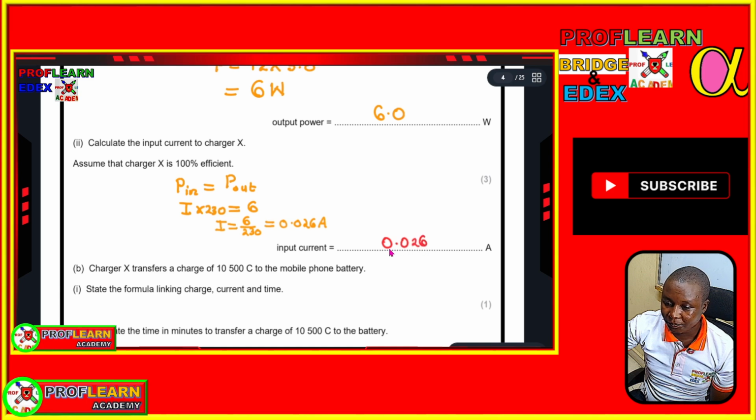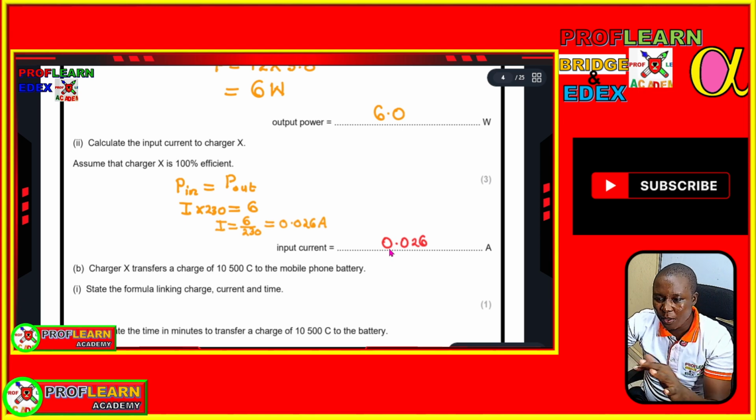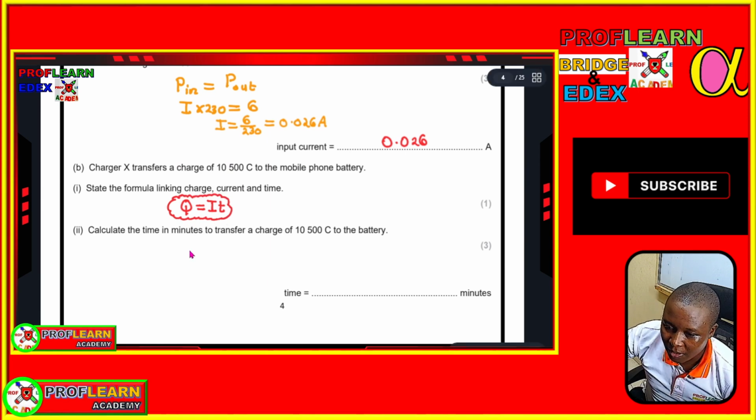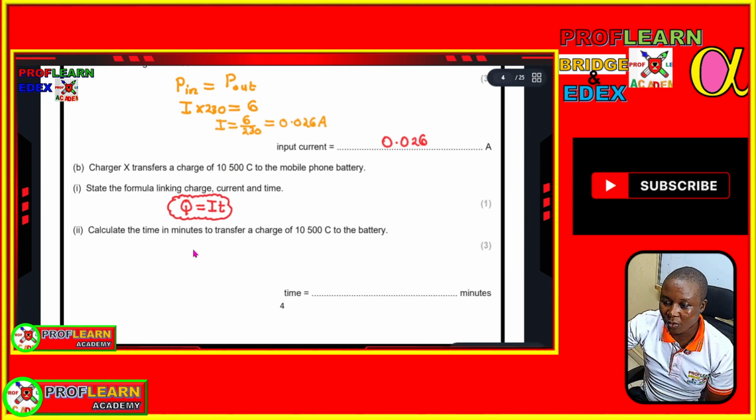Well, we can now move to the next part. We are told that charger X transfers a charge of 10,500 coulombs. You see they are trying to combine the topics of power, transformer, electricity, and then they bring in the charge, and they're asking you the formula, which we have already done, but this is a second part of revision on how to work out that charge is equal to IT.